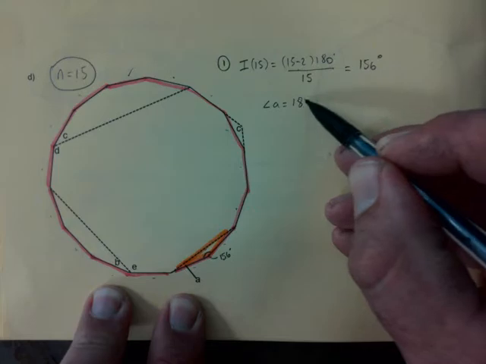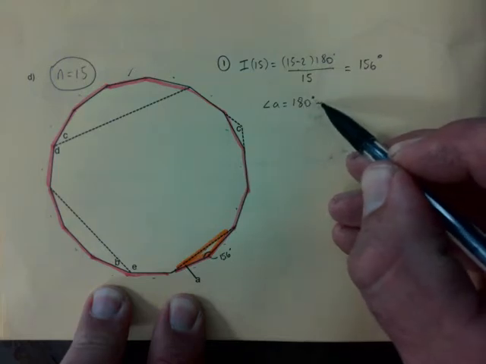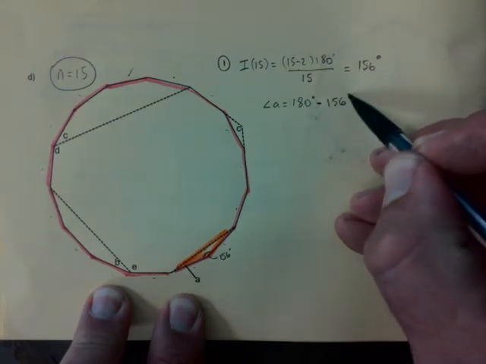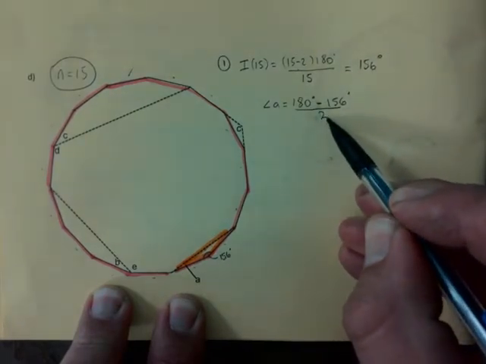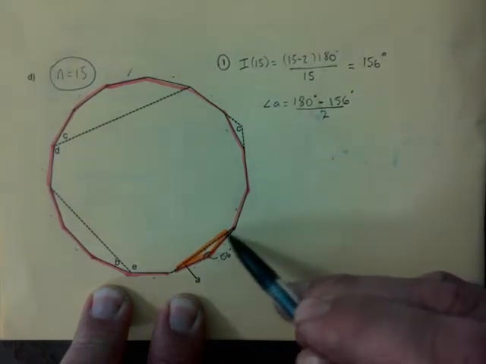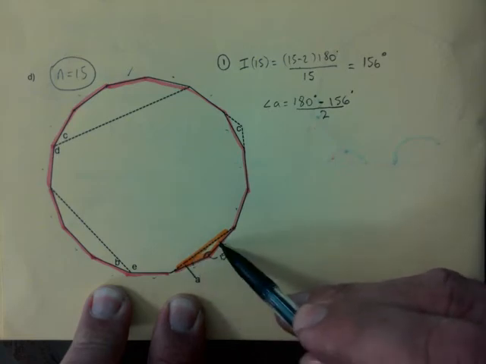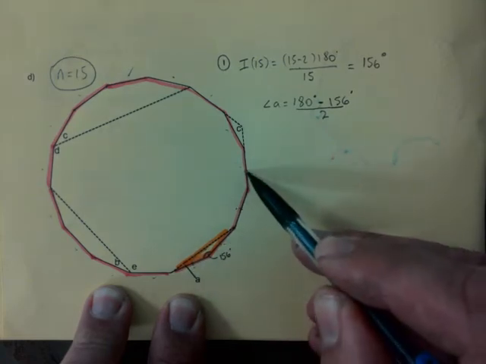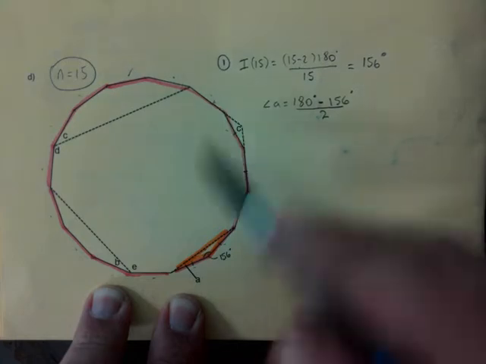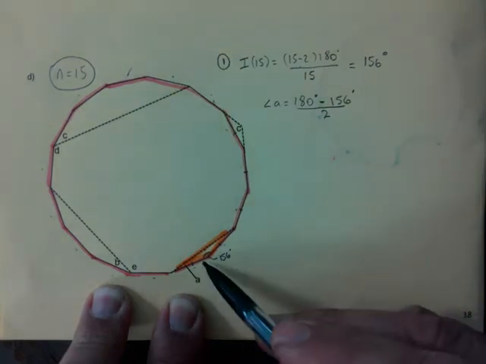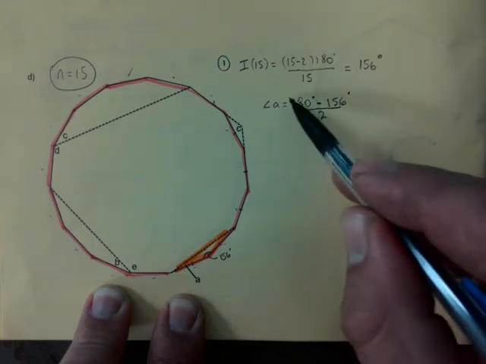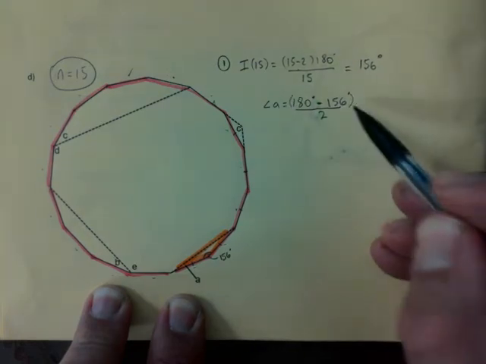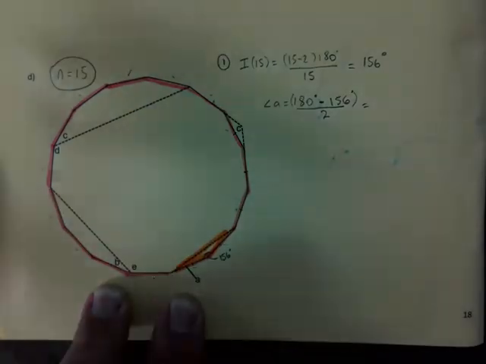So you need to use a formula where it's 180 minus the 156, this one up top, and you're going to divide it in half. Why am I dividing it in half? Because this is an isosceles triangle. Like all of the pink sides here, this only works if it's a regular polygon. So this is an isosceles triangle, so it's 180 minus the interior angle. I will put this in brackets because it's very important to get that right.